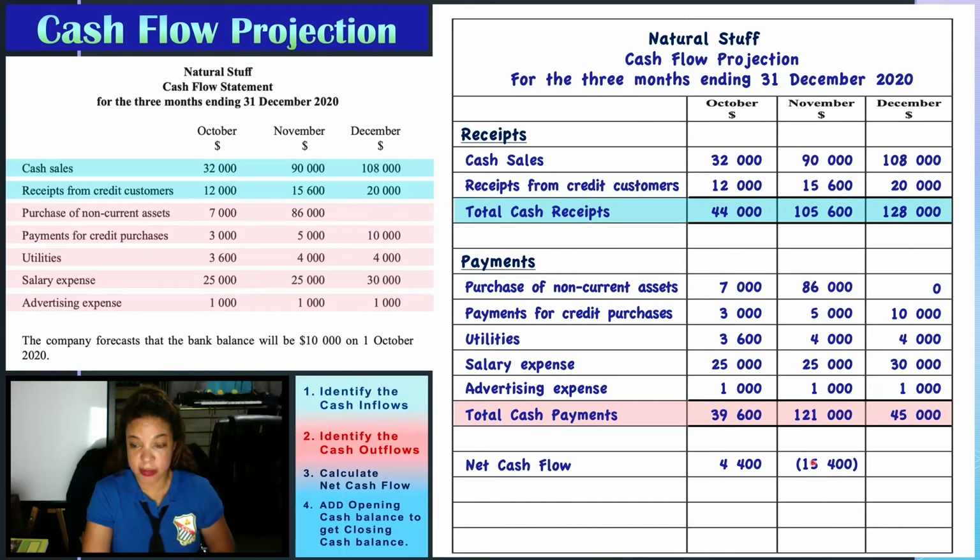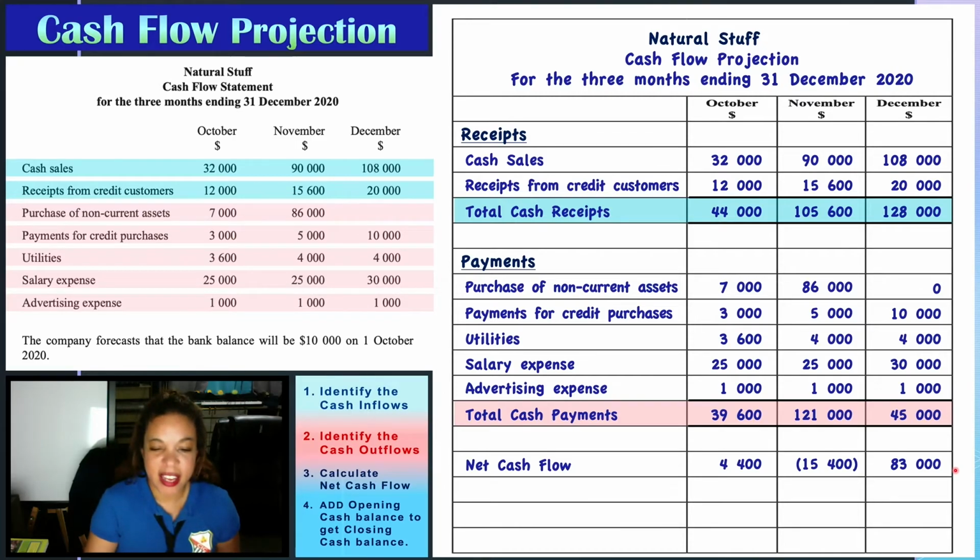A negative figure has brackets to signify that it is a negative net. And then in December, we exceeded it by a lot, so we got a lot more receipts than we made payments. So you have positive 83,000. You can pause for a little while.